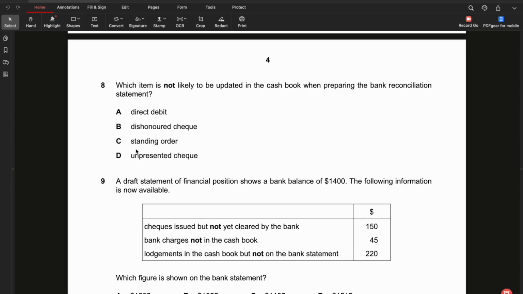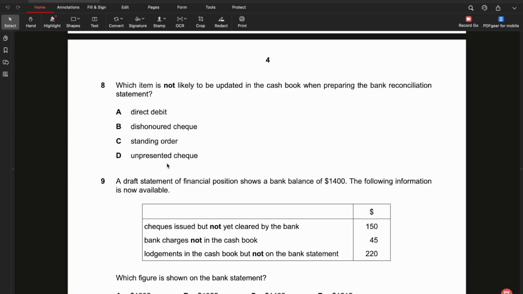Next one, standing order. So I gave instruction to the bank that on this particular day, pay this much amount to so and so. So now this order is executed by the bank. So I now have the update of that. So I also record that in my cash book. And the last one is unpresented check.